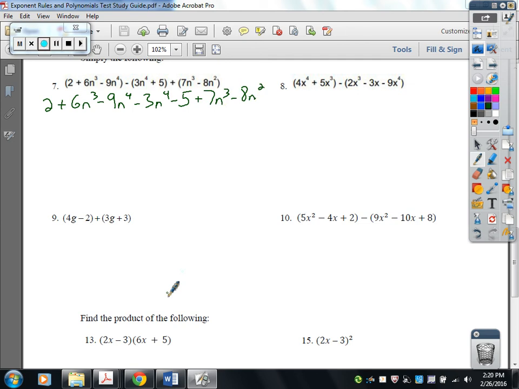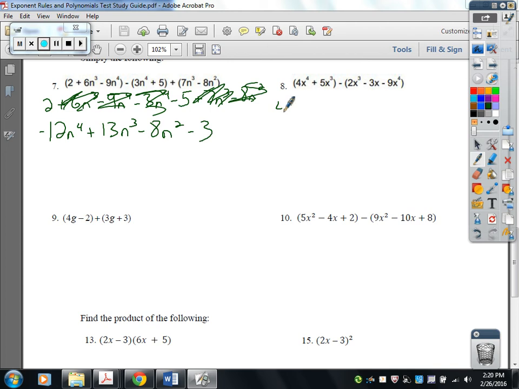I write my highest exponents first, so that's going to be these guys, so negative 9n to the fourth minus 3n to the fourth is negative 12n to the fourth. And then 6n cubed plus 7n cubed is positive 13n cubed. I'll cross out to keep track. And then just minus 8n squared. And 2 minus 5 is negative 3.